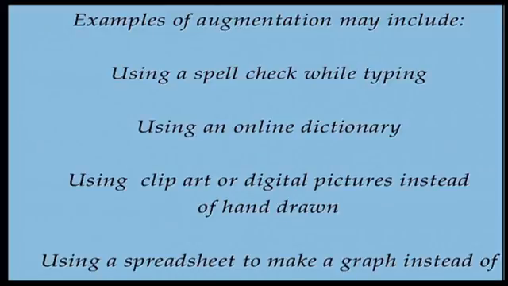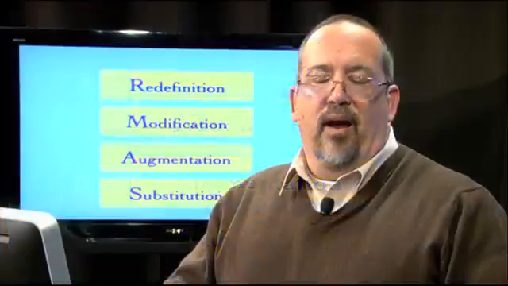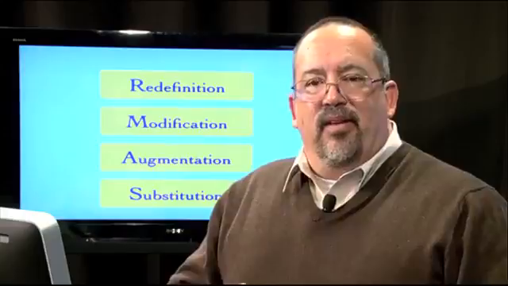That's an example of augmentation. Again, we're not changing the assignment in any way. We're merely enhancing the assignment just a little bit. We might use a spreadsheet to make a graph instead of hand-drawing that graph. So again, this is augmentation.